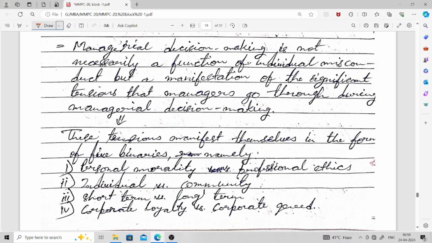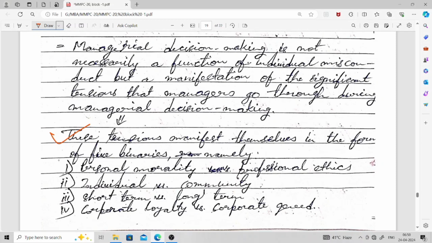So you see what are those five forms in which this manifests. Just below, it is given, these tensions manifest themselves in the form of five binaries.